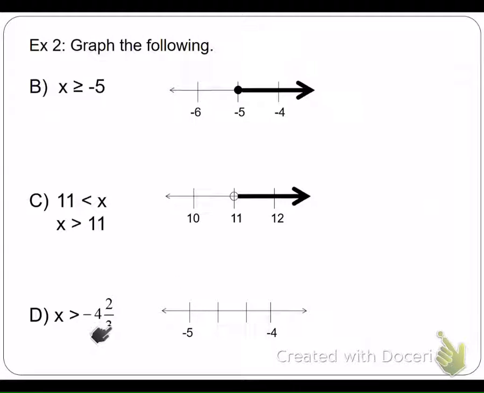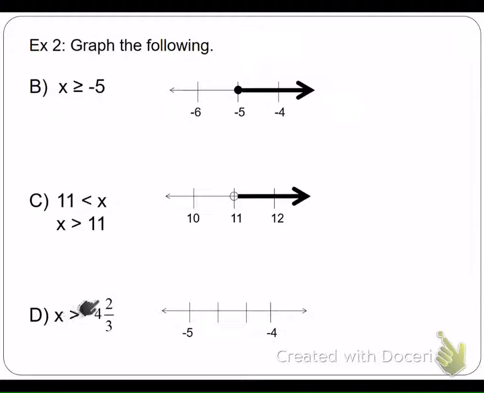The denominator is how many spaces you want. I want to divide the space between -5 and -4 into 3 parts. The way you do that is you put 2 lines. One line gives you 2 parts. You need enough dashes for one less than the denominator. So 3 spaces on the number line, 2 dashes.